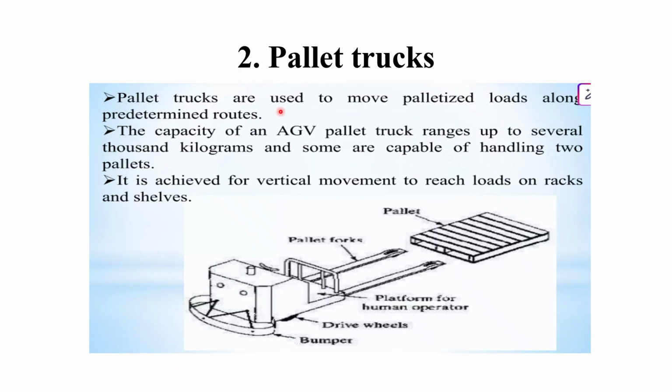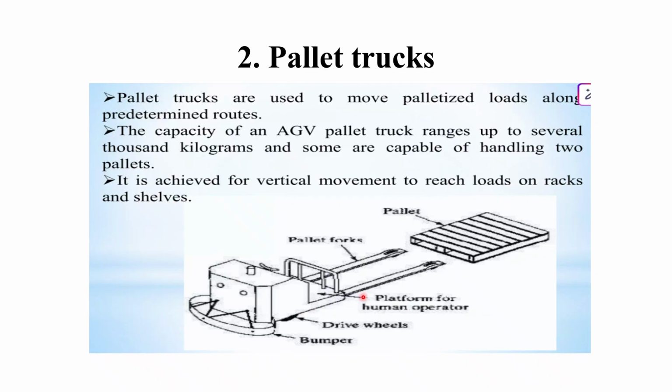Coming to the pallet trucks, they are used to move palletized loads along predetermined routes. Here you have a palletized load. The capacity of an AGV pallet truck may range up to several thousand kilograms, or some are capable of handling 2 pallets. It is achieved through vertical movement to reach the load on the rack and shelf.